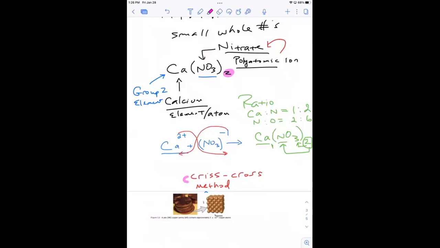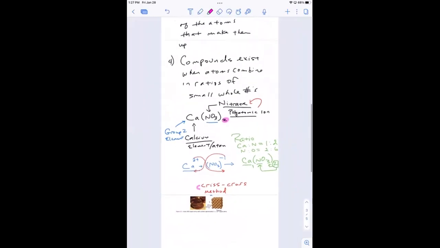That's one of the things that we're going to talk about in a second, this law of constant proportions, where no matter where you get the calcium nitrate from, the ratios of the atoms will always be the same. All right. So that's the fourth part of Dalton's atomic theory, that compounds exist when atoms combine in ratios of small whole numbers. Hopefully that wasn't too convoluted, but we're going to talk a lot more about this.